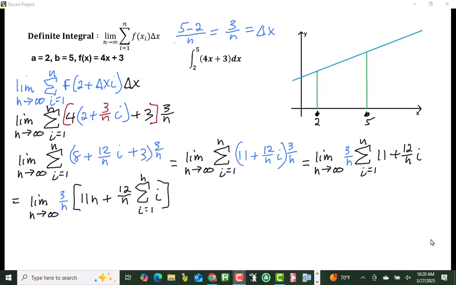So you got 11n. If I'm summing a constant, I'm adding 11 n times. So that's just 11n. Whatever n is, I'm doing 11 added up that many times. So that's where the 11n came from. I pull the 12 over n out because it's a constant.